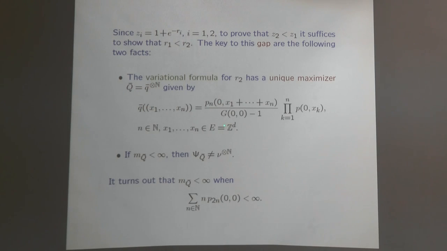Q bar is not equal to q. Q would be this thing, but q bar is this thing times that, and that's not the same thing. Therefore this measure is not the same as that. Therefore the projection is not equal to that. And the conclusion is, as long as this is finite, I can use my formulas and I would get a gap.